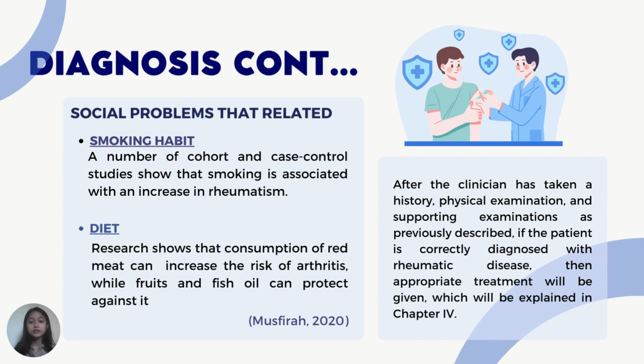After the clinician has taken a history, physical examination, and supporting examinations as previously described, if the patient is correctly diagnosed with rheumatic disease, then appropriate treatment will be given, which will be explained in chapter 4.